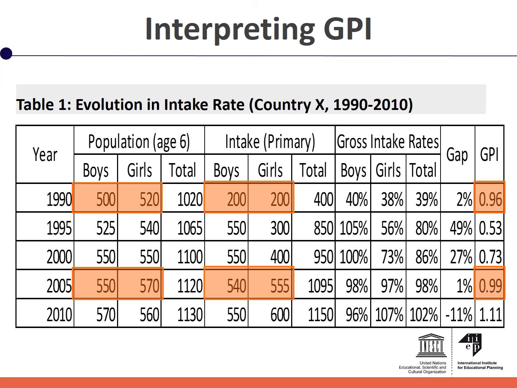Please note that GPI is not comparing the raw numbers, but comparing the rates calculated for boys and girls. Another important feature is that a high GPI value could be generated with very low intake rates, as seen in the year 1990. Now stop the video while you interpret the GPI of 1.11 generated in 2010.